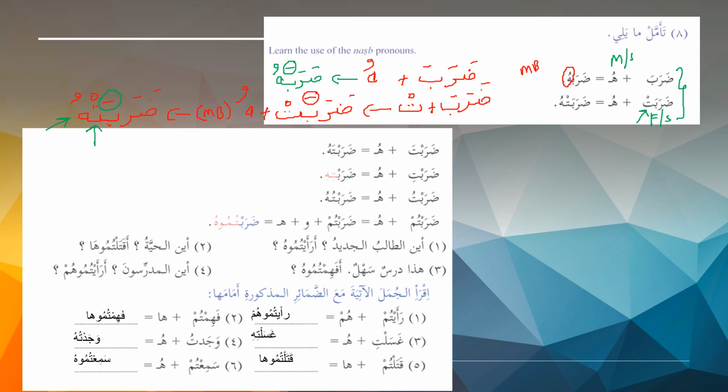But what happens when the pronouns from the mukhatib come? So this is from the second person. You can see the ta, ti, tuma, ta, ti, tu, and tum. So what is the structure here? If you can see it clearly, what is the structure here? You can see the last letter ba of the verb daraba has a sukoon.